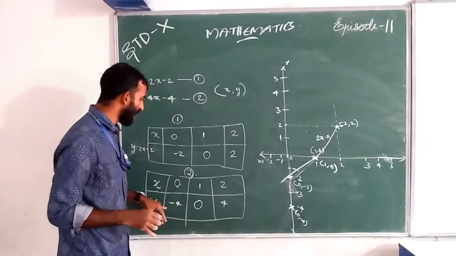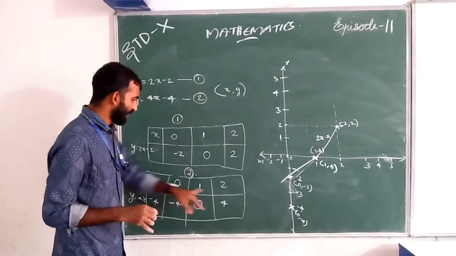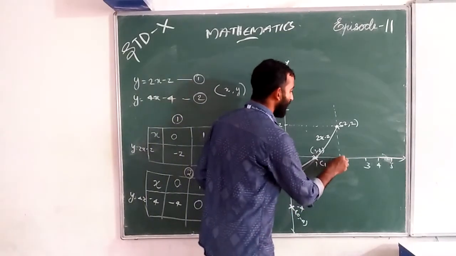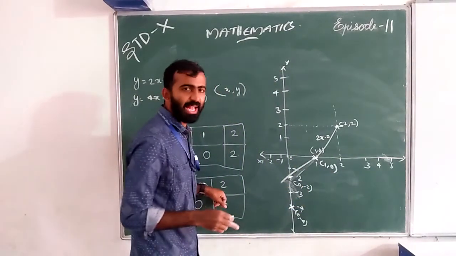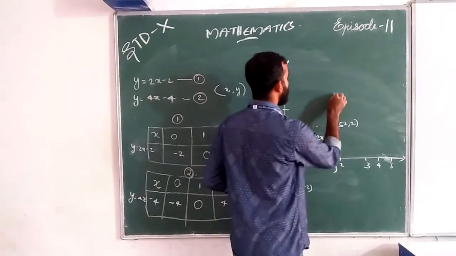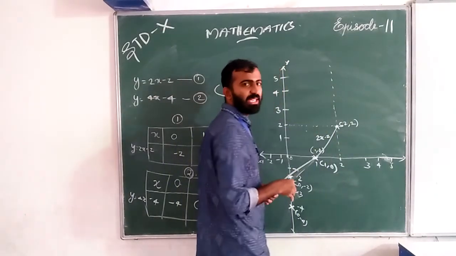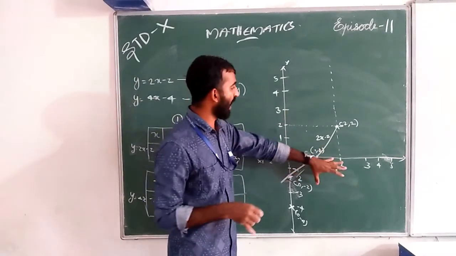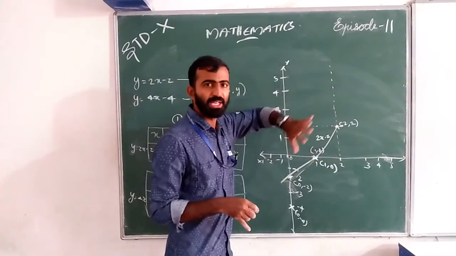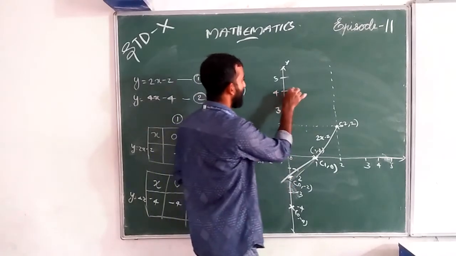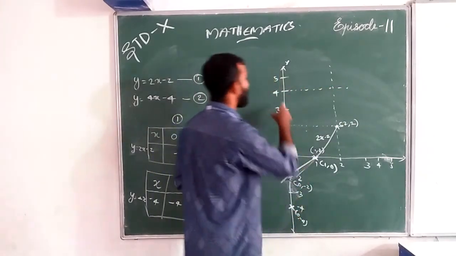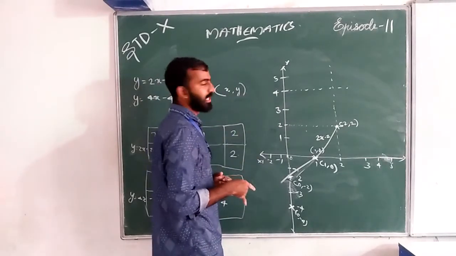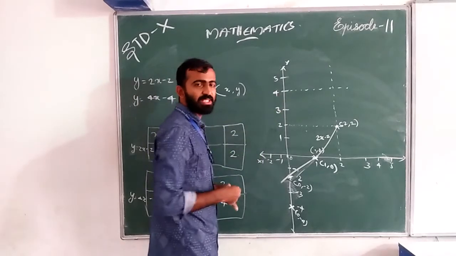And the third one is what? That is 2, 4. 2, 4 means the x coordinate is 2, so I draw a perpendicular line from 2 on the x-axis, and a perpendicular line from 4 on the y-axis because the y coordinate is 4.